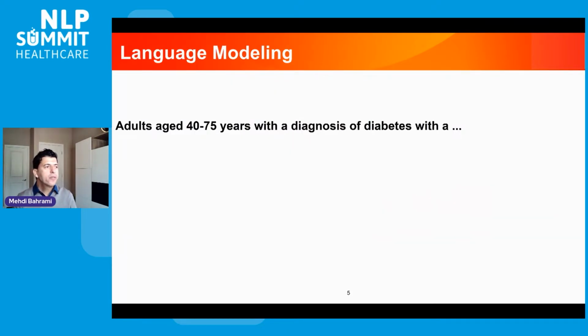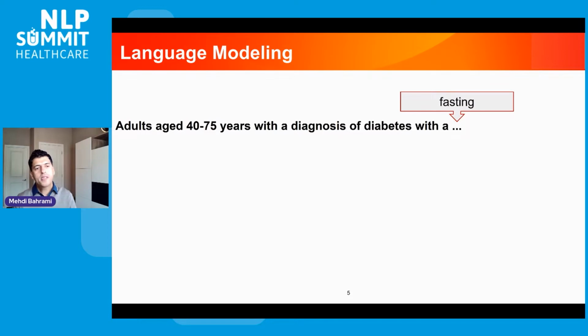What can we do with language modeling? Let's assume that we have a text: adult age 14 to 75 years with a diagnosis of diabetes. The goal is to understand what the next word is after each appearance. That's how a language model tries to learn.